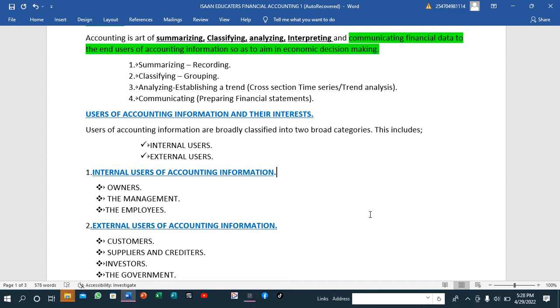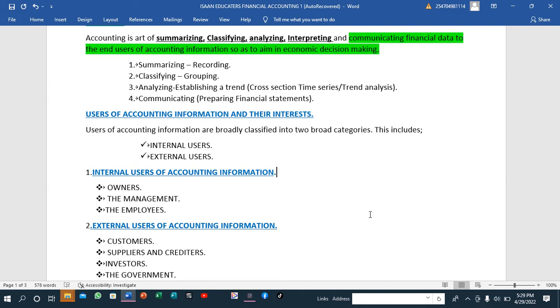So in financial accounting, we have uses of accounting information. You're going to discuss uses of accounting information and also their interest in accounting information. To begin with, these users of accounting information are broadly classified into 2 categories: internal users and external users of accounting information.